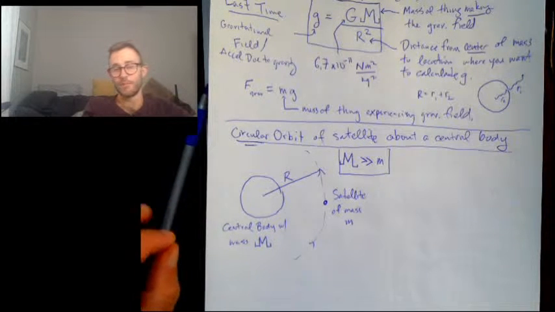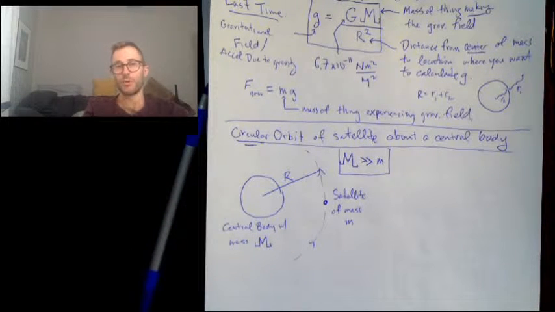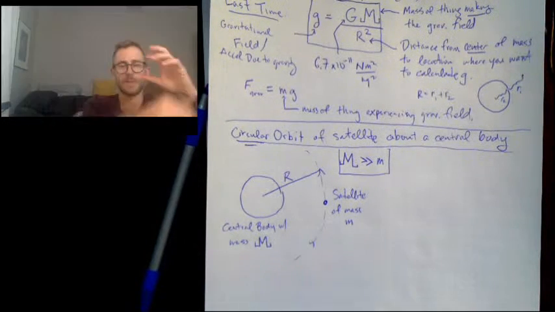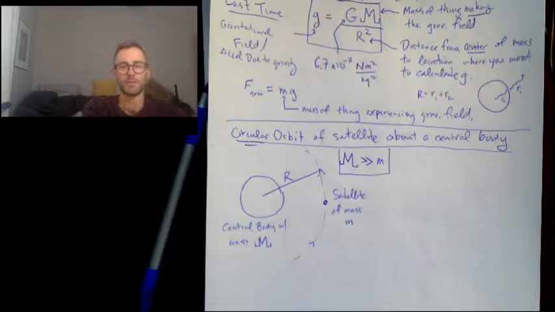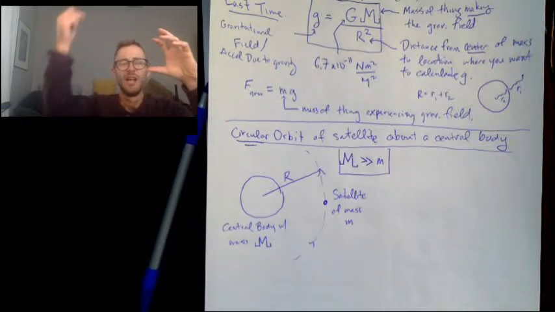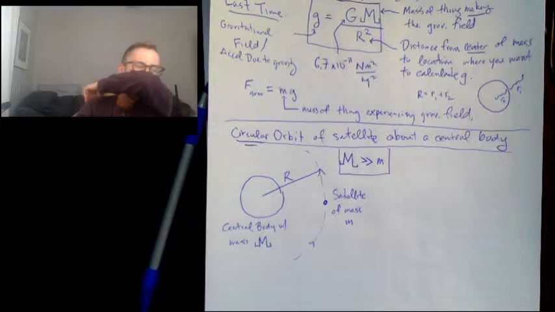So the sun is much more massive than each of the planets, and so the sun basically stays put while a planet moves around it. The moon is much less massive than the Earth, so the Earth basically stays put while the moon goes around it.